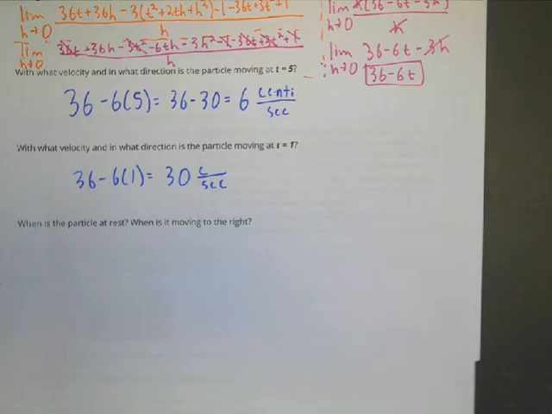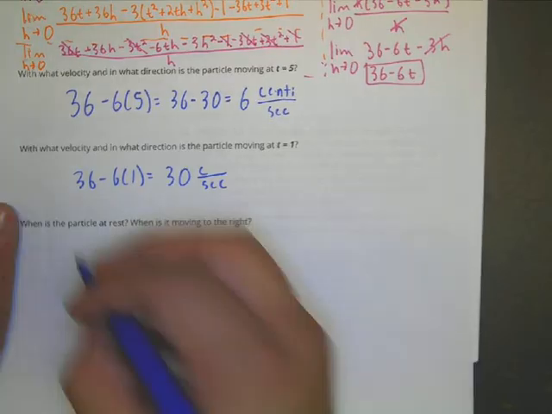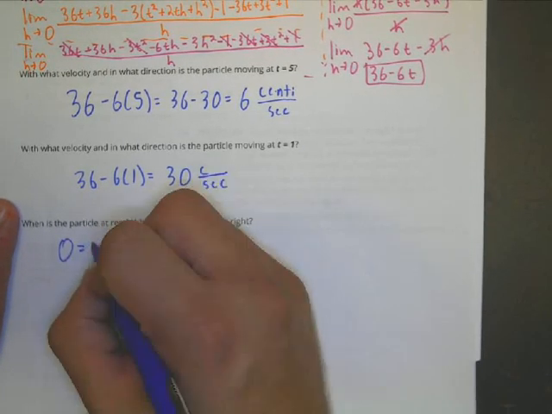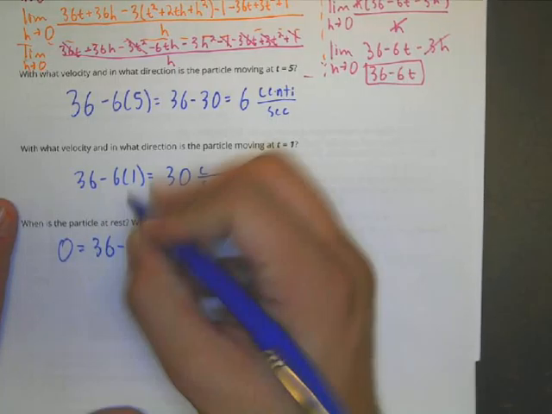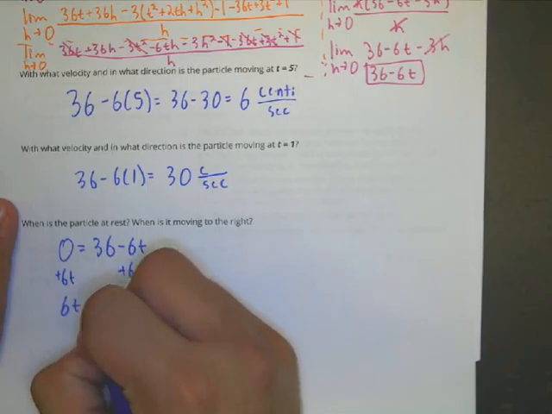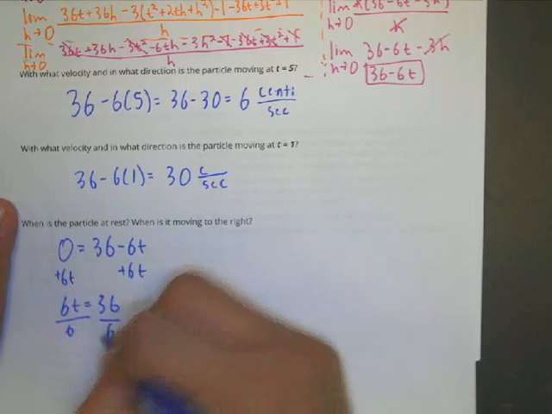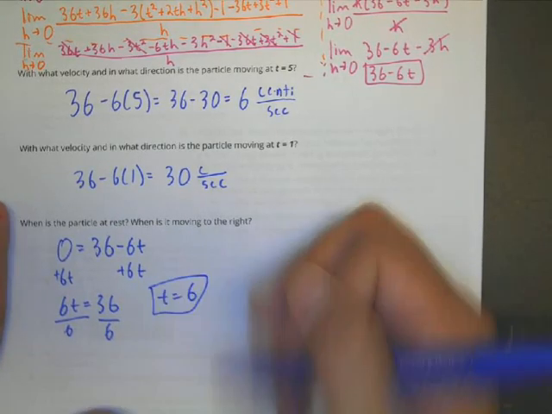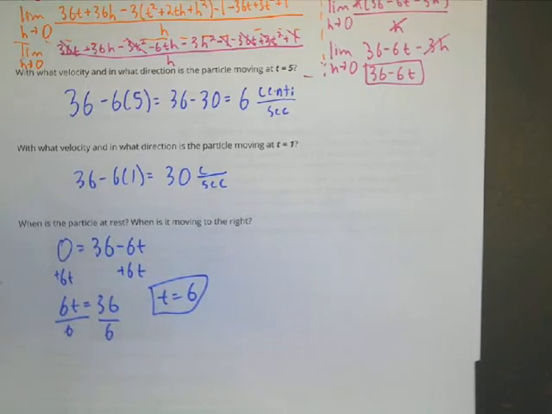Instead, we want to know when it stops, when it is not moving. So we set it equal to 0. That's some pretty simple algebra. Divide by 6, t is equal to 6. And so at 6 seconds, the particle will stop.